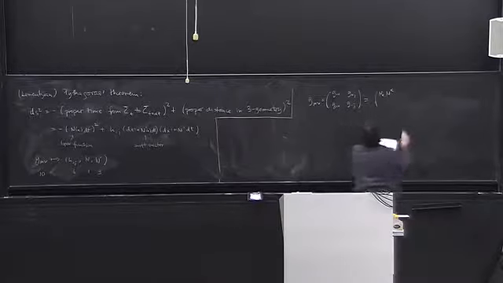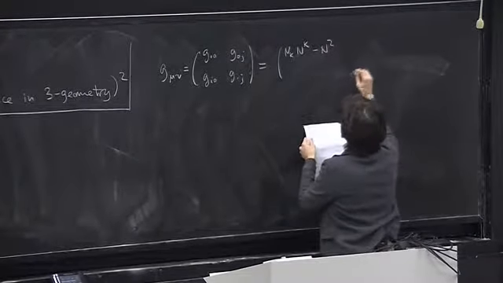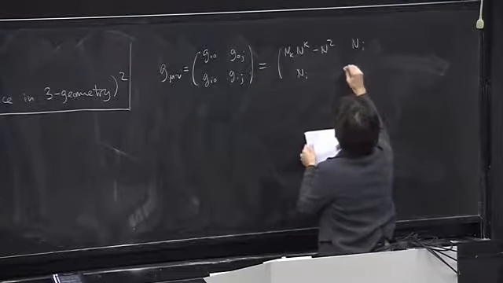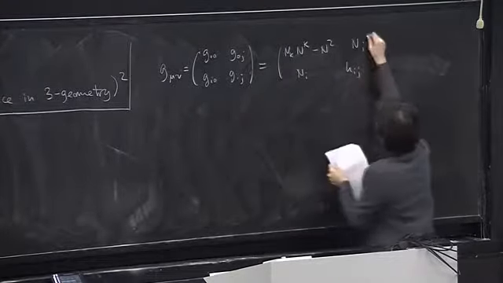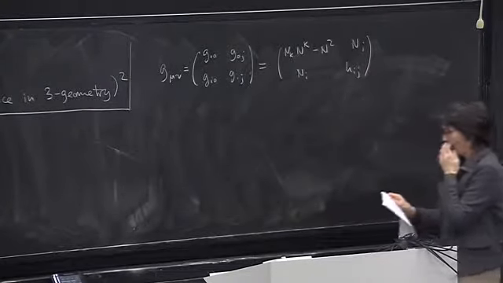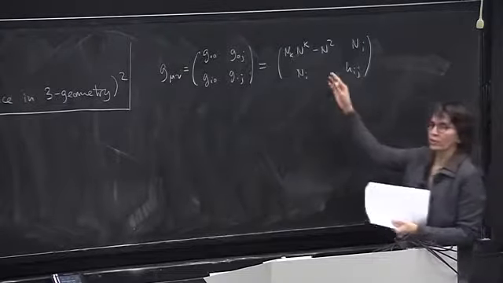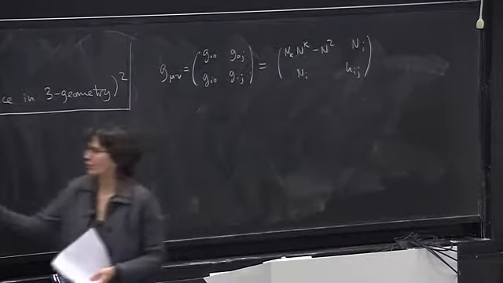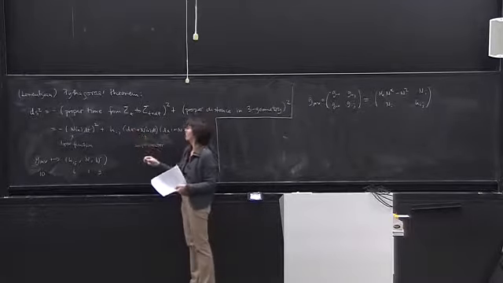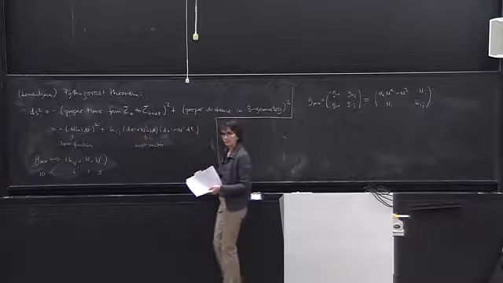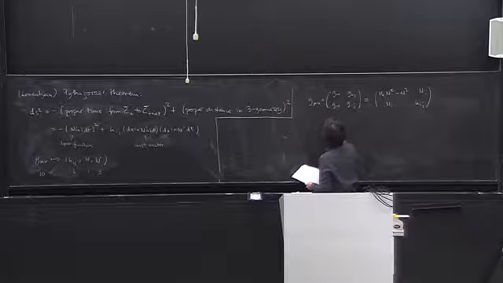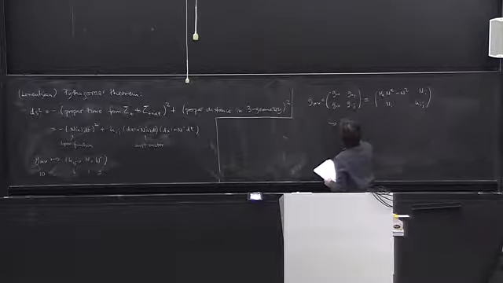Right? Minus N squared. Then here I have an Nj, here I have an Ni, and this lower 3x3 block is given by the Hij's. And this you just read off, the coefficients of the dt squared, the mixed terms dt dxi, and the dxi dxj for this line element. And then it's straightforward to compute also the inverse.